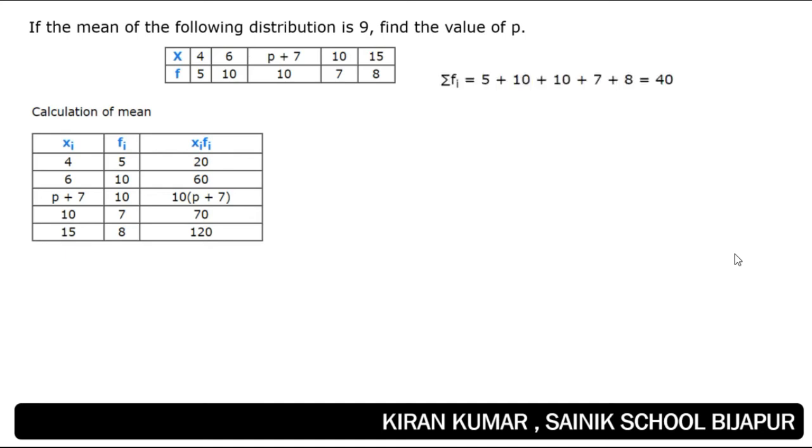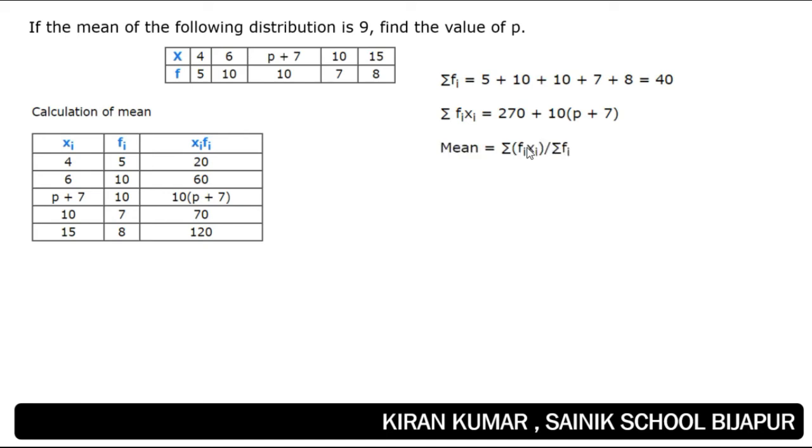What we do is, we'll find the sum of frequencies. It's 5 plus 10 plus 10 plus 7 plus 8, and the total becomes 40. And we'll find the sum of fi xi. Here, when we add the numbers, we get 270 plus 10 times of P plus 70.